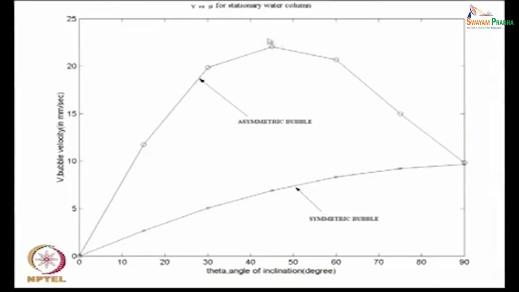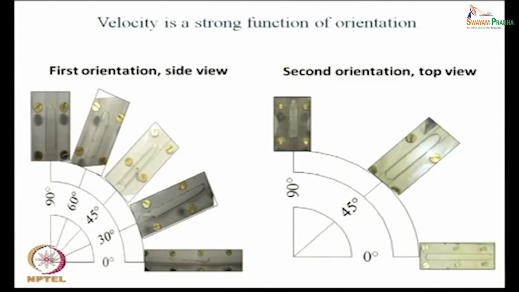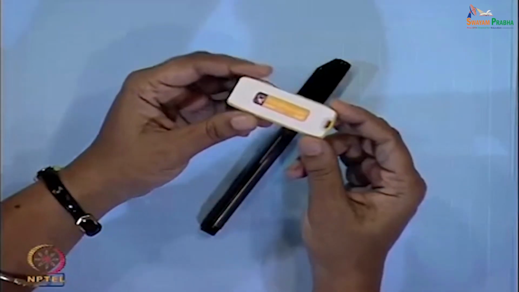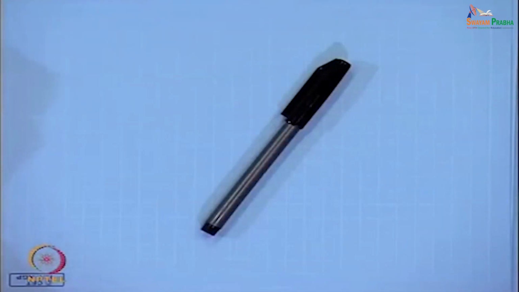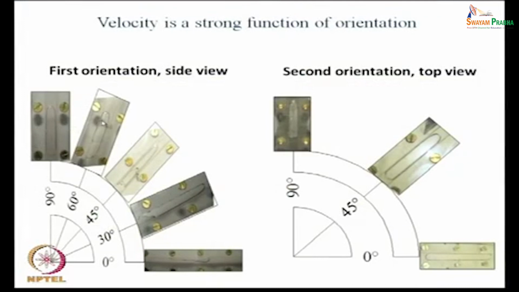So, naturally when this happened, we tried to find out what can be the possible reason for this. In order to find out the reason, we started taking photographs of the bubbles and then we reported the photographs for a number of inclinations. We found that for the first case, where the broad face is perpendicular to the vertical plane, if you observe, I do not know how clear it is, the nose gets more and more pointed.